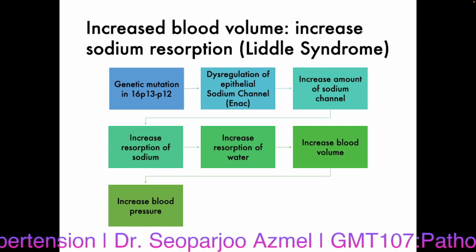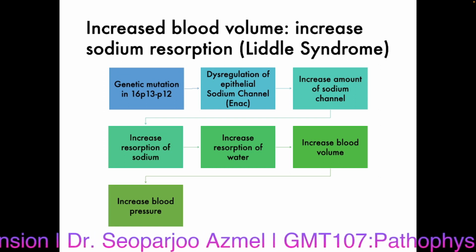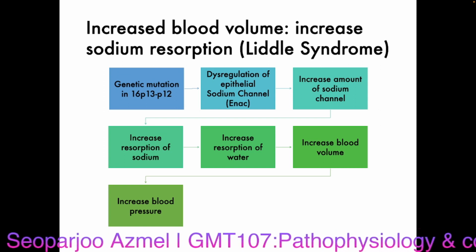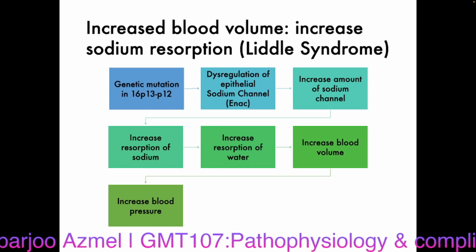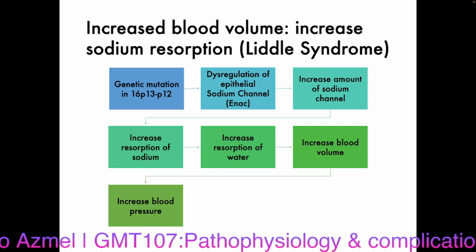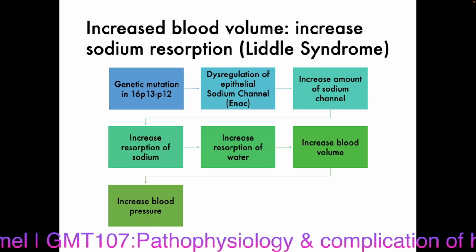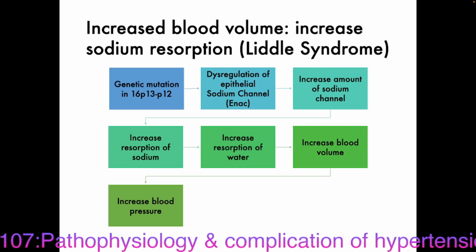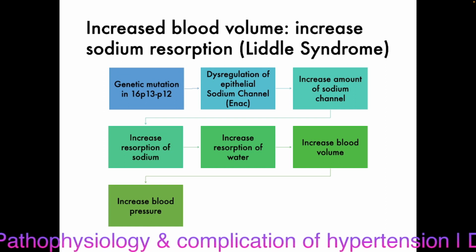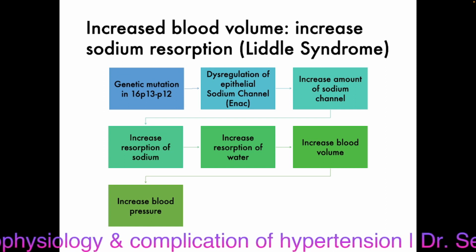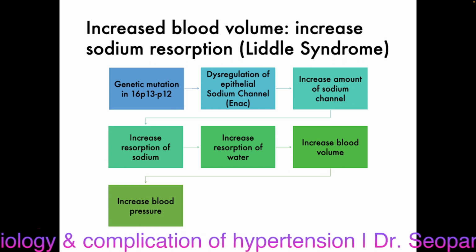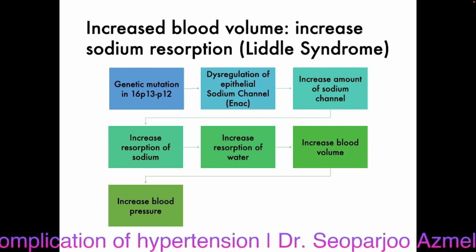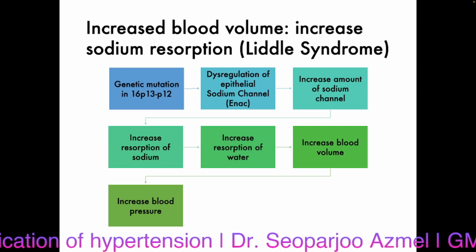What this mutation does is dysregulate the epithelial sodium channel, or ENaC, in the kidney. This will increase the number of sodium channels present in the tubules, so it will increase the resorption of sodium. Apart from sodium, water is absorbed together with it. This increases the blood volume and thus the blood pressure in the patient.